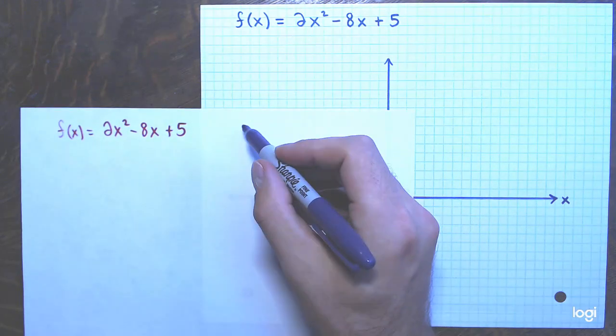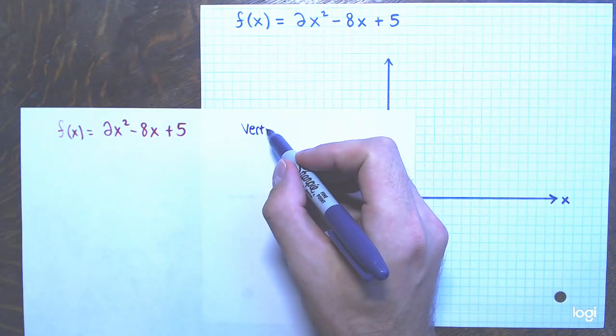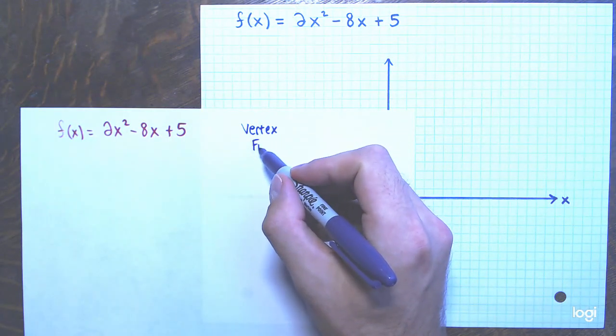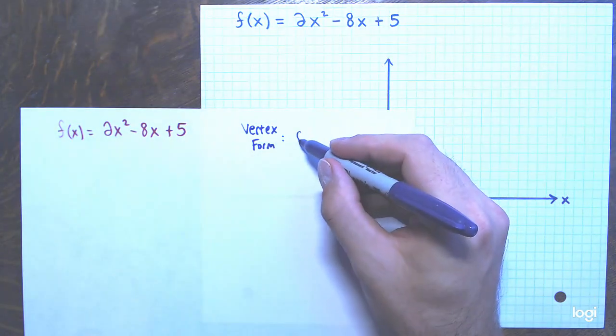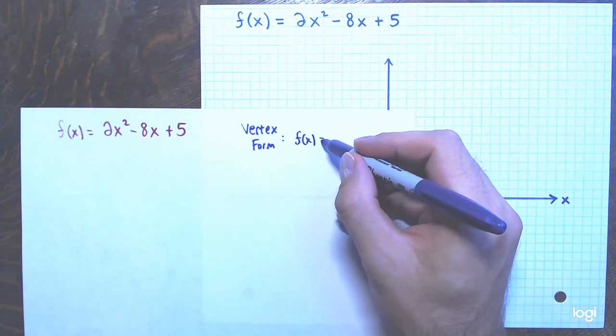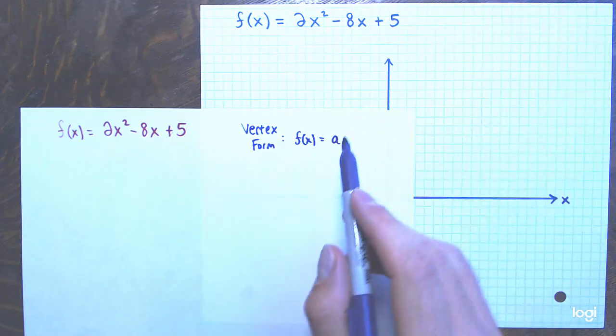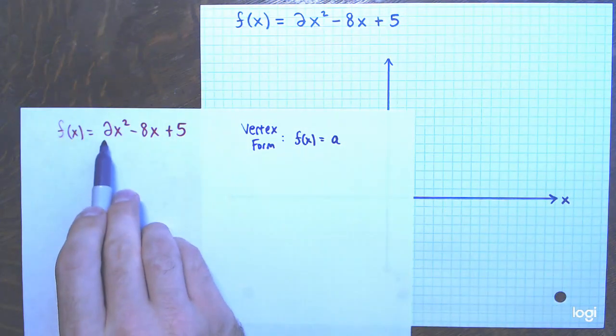And I'll write out the vertex form once again. It's a good thing to do when you have a formula or an equation that you want to memorize. Right? Write it out as often as you can until you get it in your memory. So that was y equals, or f of x equals, a. Well, the a here is 2, positive 2, right?